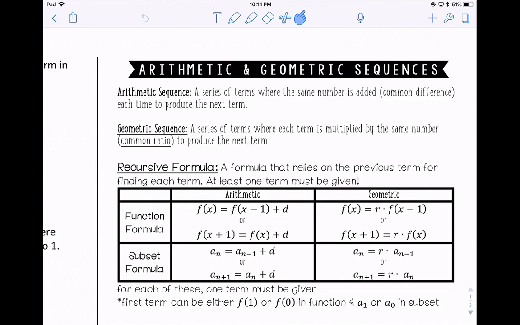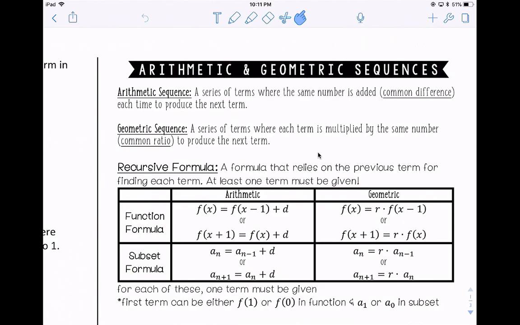If you're multiplying by fractions, between 0 and 1, then the numbers would be decreasing. Know that you can also multiply by a negative, and those sequences are a little bit different because they alternate from a negative number to a positive number and back to a negative number. We'll see one like that here in just a minute.